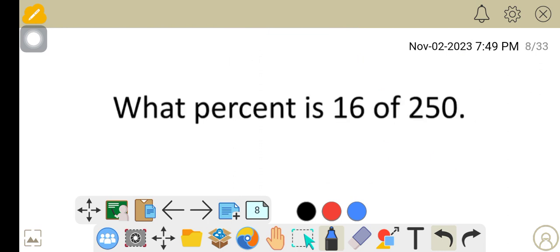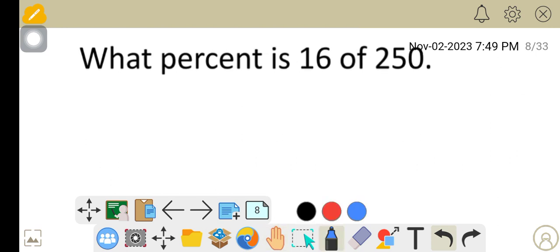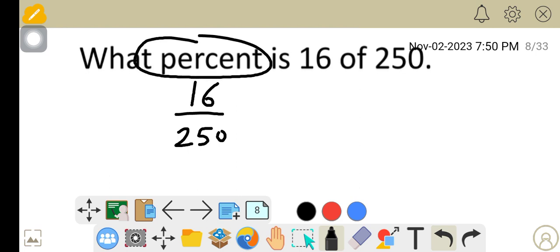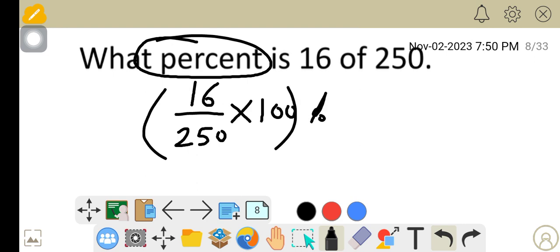Now the next question, what percent is 16 of 250? 16 of 250, so 250 will be in the denominator and 16 in the numerator. This is the answer, but we need to convert it into percent, so we multiply by 100 and put a percent symbol, and also solve the bracket part. Cancel out 0.